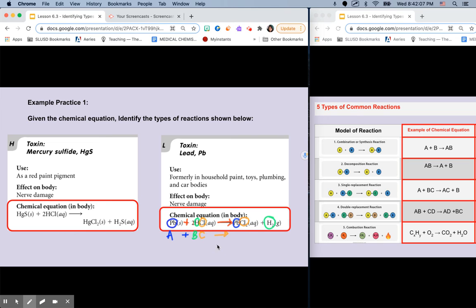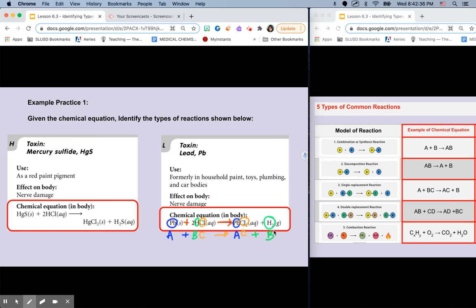But then after the arrow, A is no longer single. A is now bonded or hanging out with Cl, right? So A is now with C, and poor hydrogen, our green H, or maybe not poor hydrogen, maybe hydrogen is happy being single. So hydrogen is happy being single after the reaction.